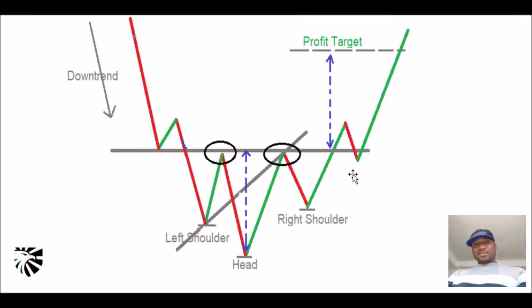If you put a 50 pips stop loss here, half of your target, most of the times the market will pull back. The market is not going to get to your stop loss because the strength of the market is to the upside, because the sellers here have failed to push the market to create another low. So the buyers are in control, the buyers are in charge of the market.